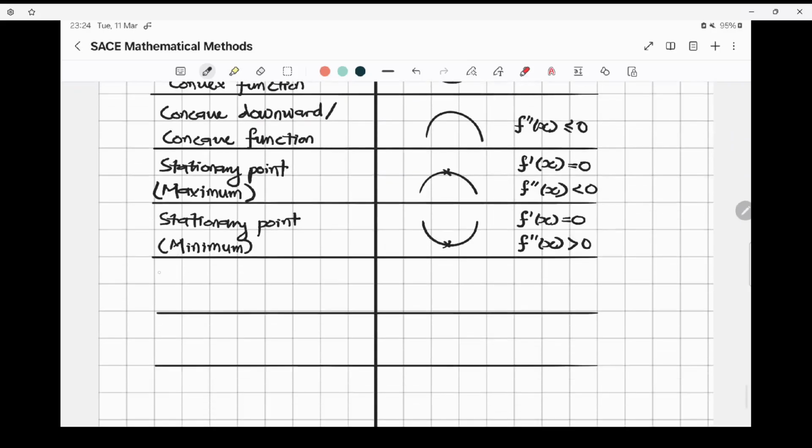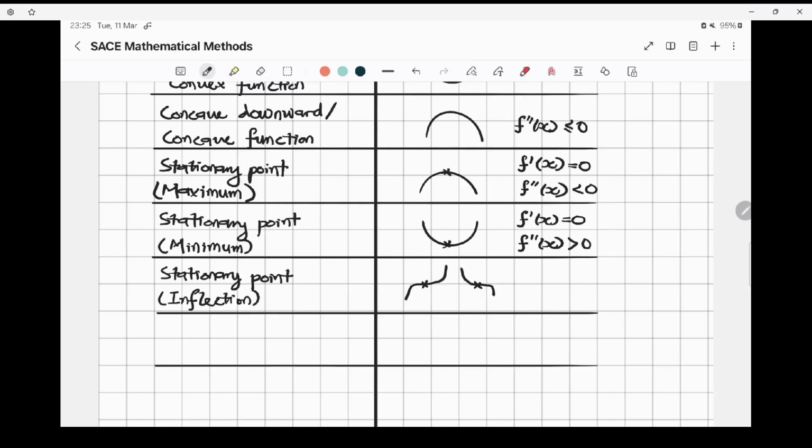You have a third class of stationary point, which is called the point of inflection. These are the points where it sits in between the changes of the concave function and the convex function. It's either like this or like this.